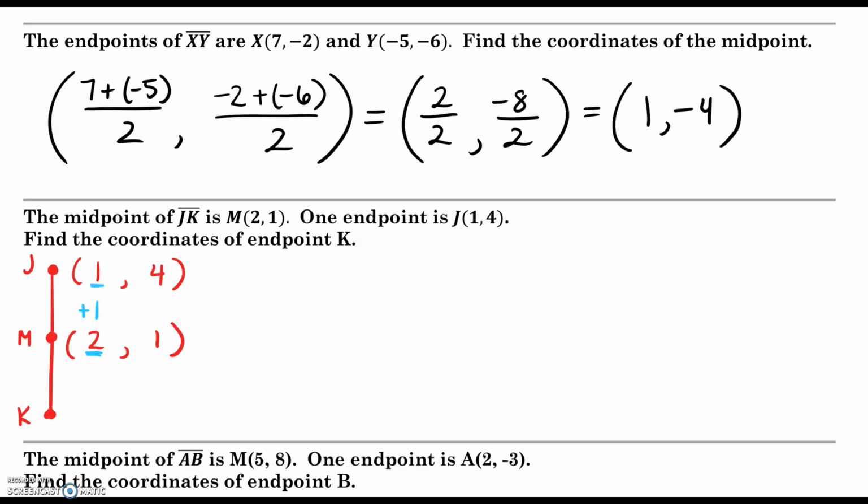If we look at the y coordinates, to get from a coordinate of 4 to a coordinate of 1, we had to subtract 3. So now to find the coordinates of the other endpoint, we're going to follow that same pattern. So we're going to add 1 to the x coordinate, and we are going to subtract 3 from the y coordinate. So here we should get 3. 2 plus 1 is 3, and then 1 minus 3 is -2.